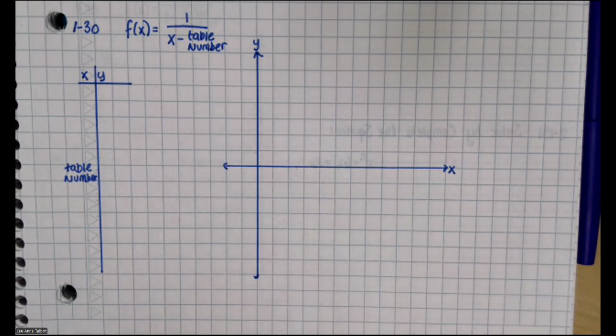It should look almost exactly the same. It should just have that asymptote at different spots. Yeah, 8 is the error.